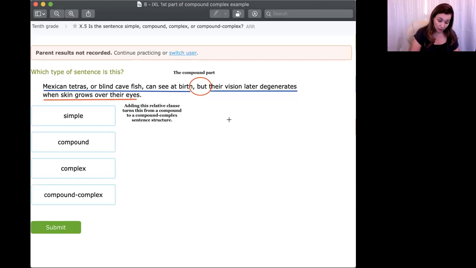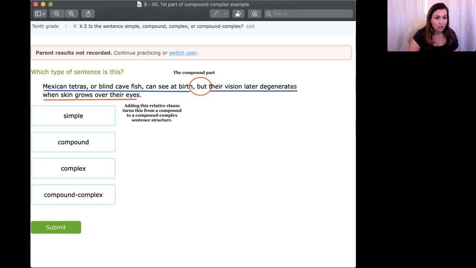Now, in our sentence frame, we have a comma separating those last two clauses. This sentence does not. Sometimes it does, sometimes it doesn't. It really depends on what's happening in this sentence, so don't get confused by that. If you can say, wait a minute, their vision later degenerates, that's a complete thought.